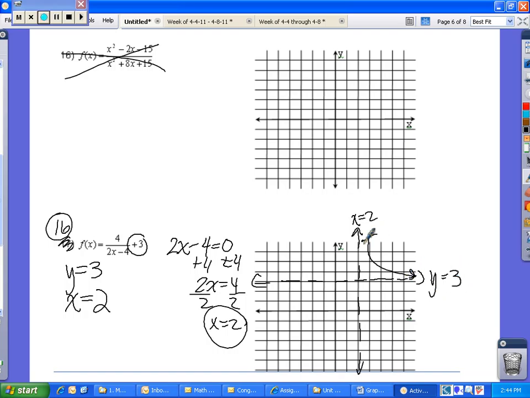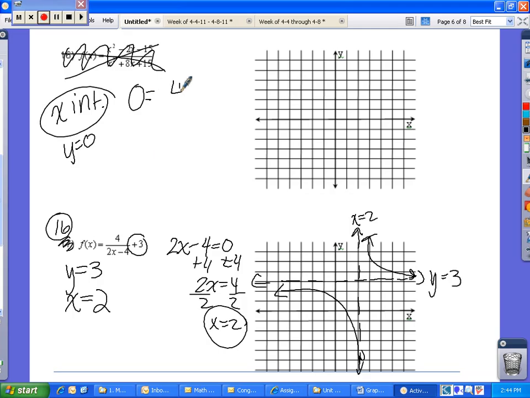And I know it's going to be in this quadrant and in this quadrant. And now to find my intercepts, I'm going to go up here. The x-intercept is when y equals 0. So it's going to be 0 equals 4 over 2x minus 4 plus 3. I'm going to first subtract 3 from both sides. So negative 3 equals 4 over 2x minus 4.